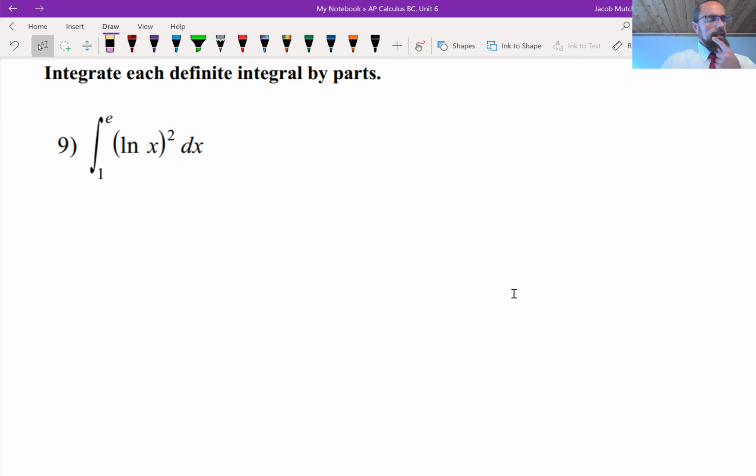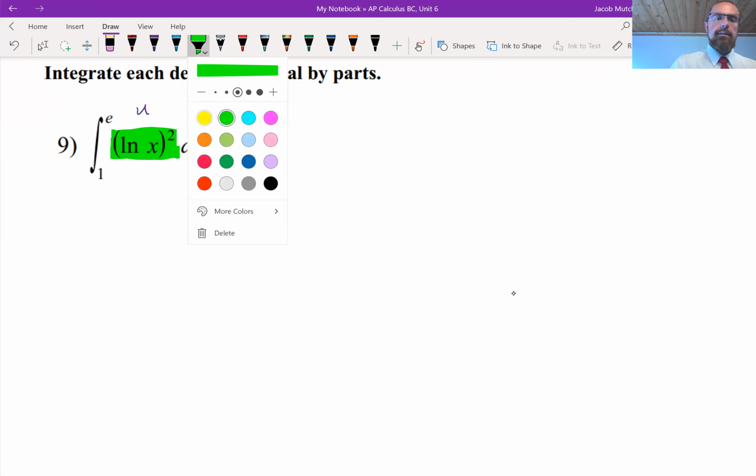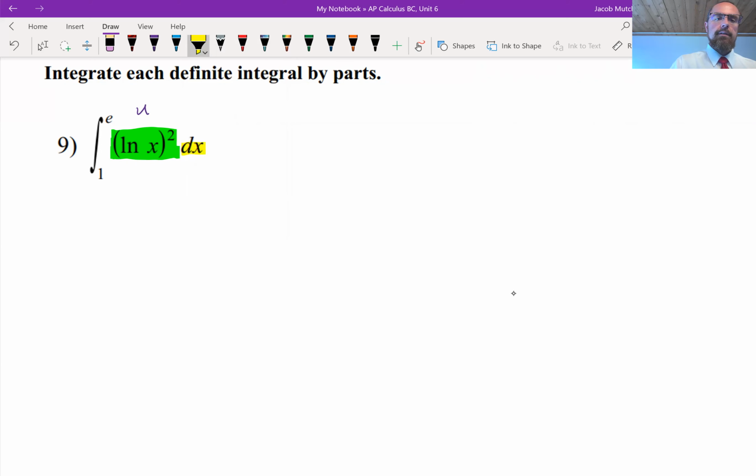So for this one, I appear to have just one term or one factor in my integrand. So the way I'm going to treat this is I'm going to call the natural log of x squared my u. I can take the derivative of that pretty readily, which means my dv is going to be simply dx.